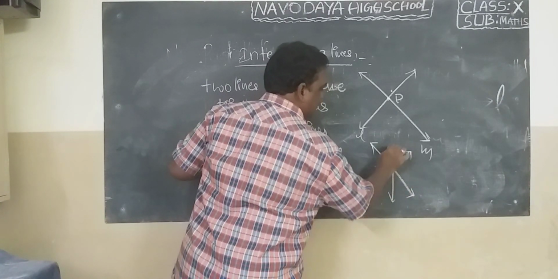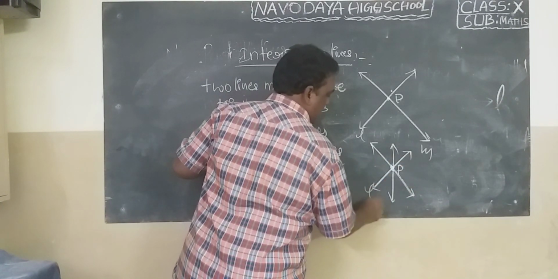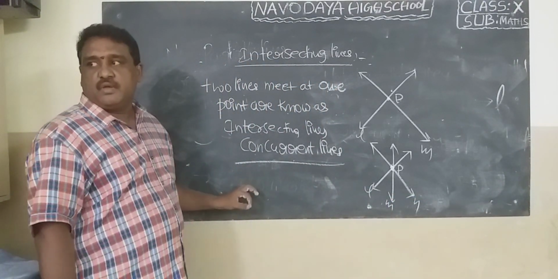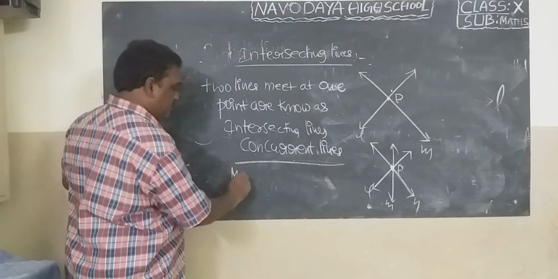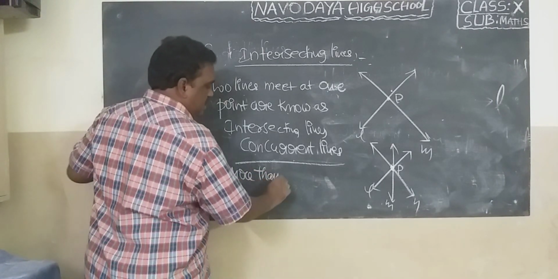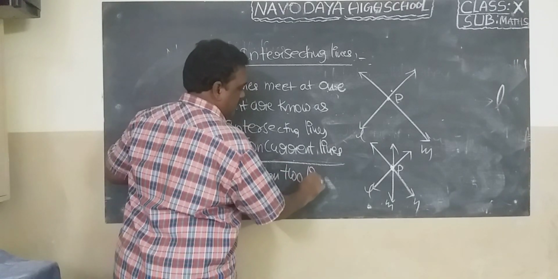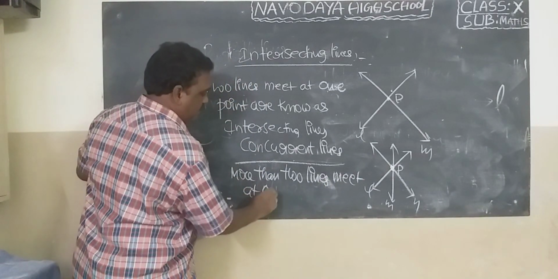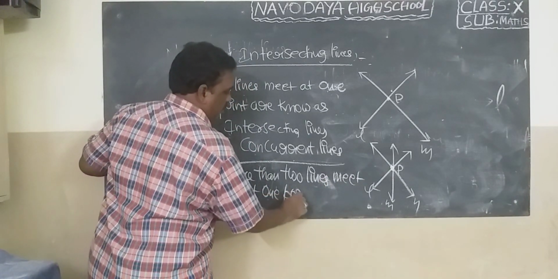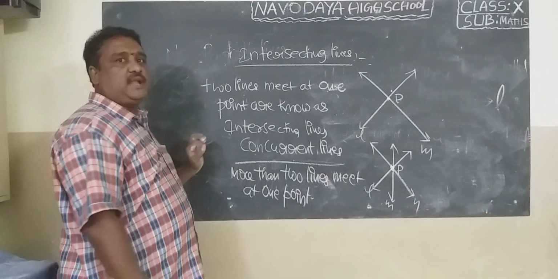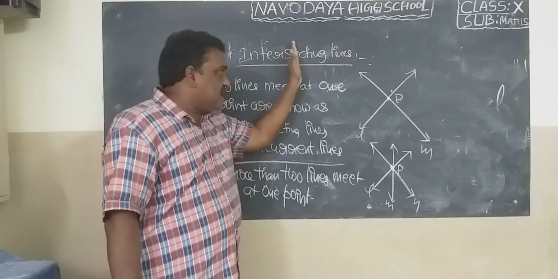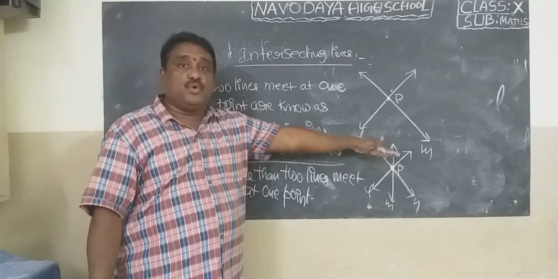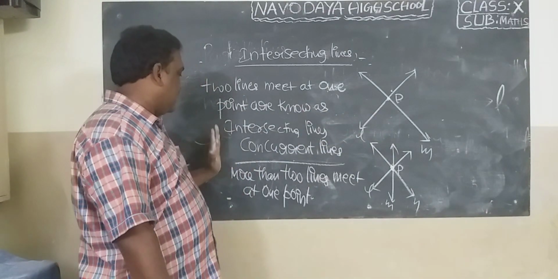L, M, N. More than two lines meet at one point are known as concurrent lines. Exactly two lines meet at one point, they are known as intersecting lines. More than two lines meet at one point are known as concurrent lines.